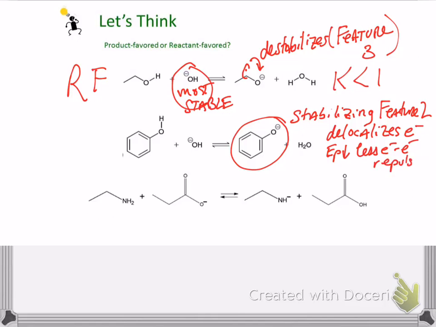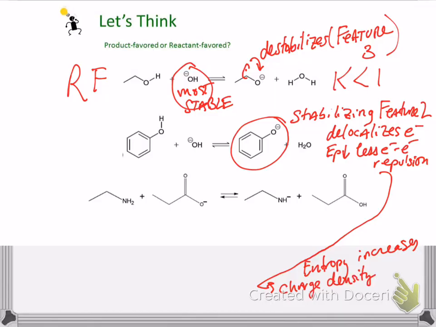Potential energy goes down, there's less electron-electron repulsion, and we can also make the entropy argument that the entropy increases, favoring products, because the charge density on the products decreases. There's less organization of water, so there's higher entropy on the product side. So using the energy argument and entropy, we would consider the products to be more stable and more entropically favored, product favored, K greater than 1.